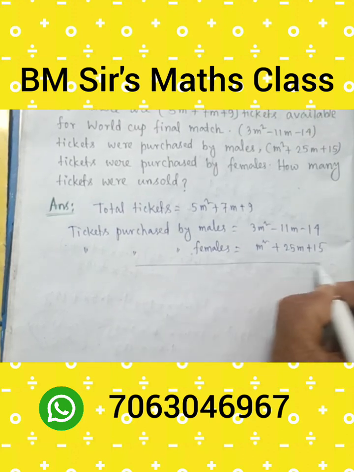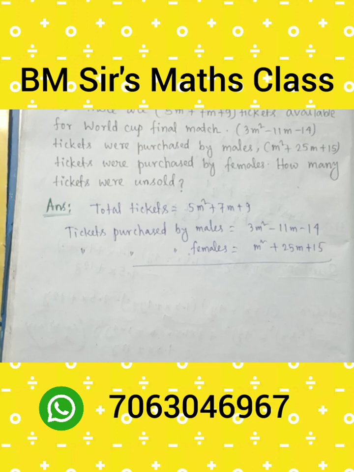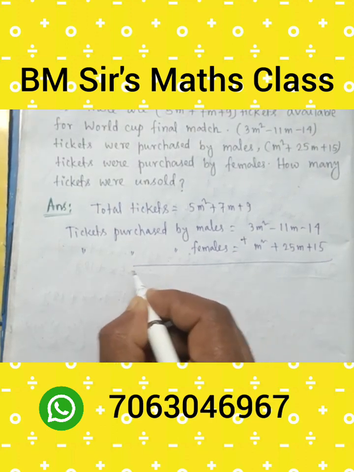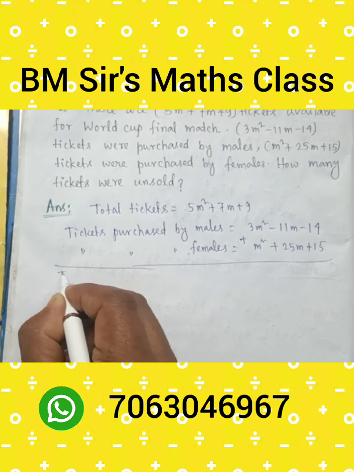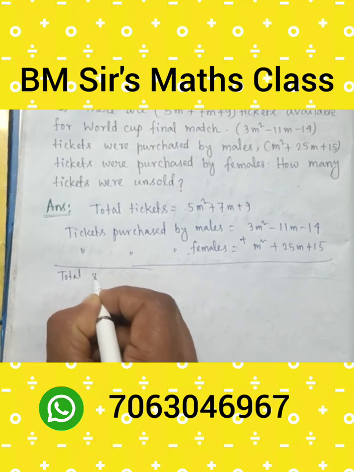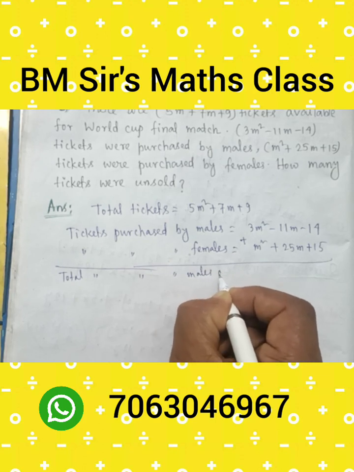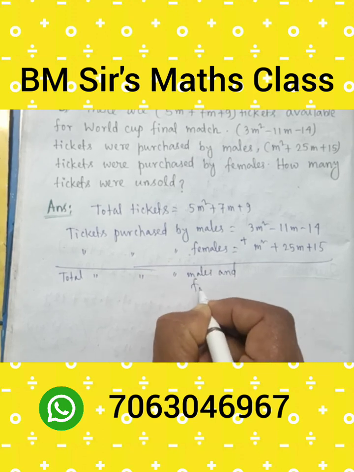Now add these two numbers of tickets. If you add, then you'll get the total tickets purchased by males and females.